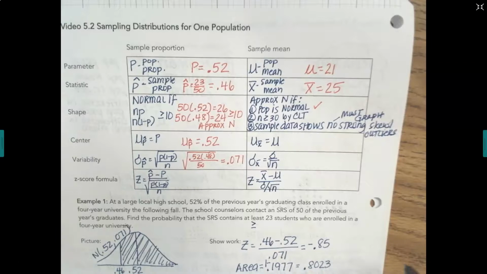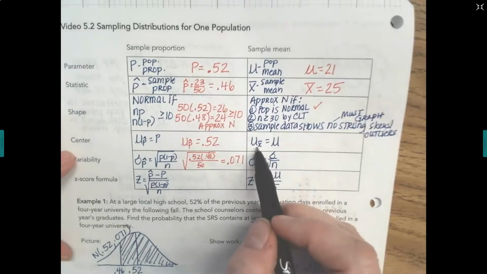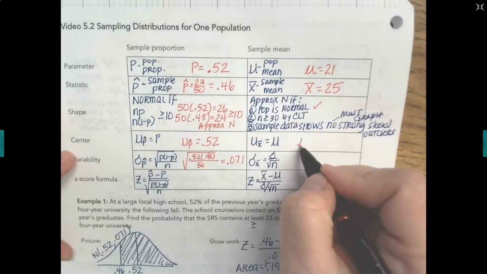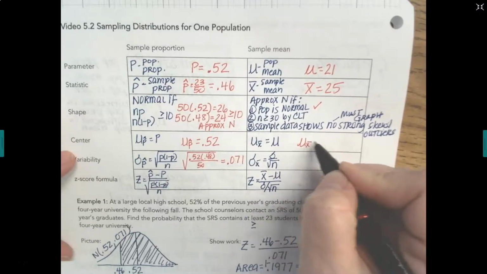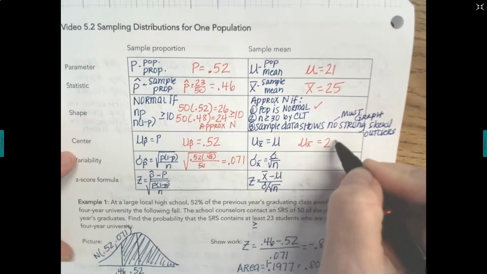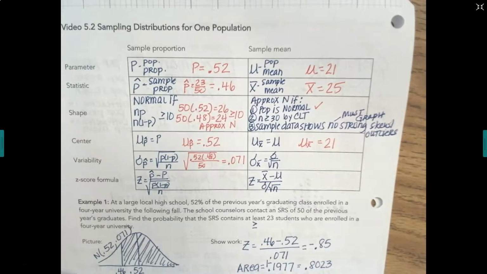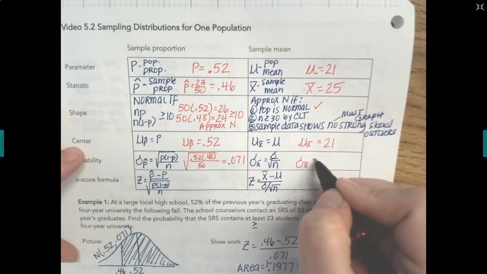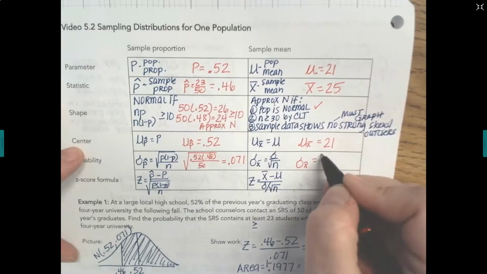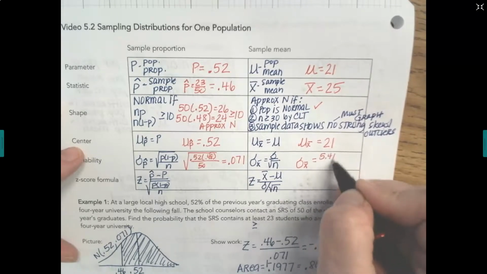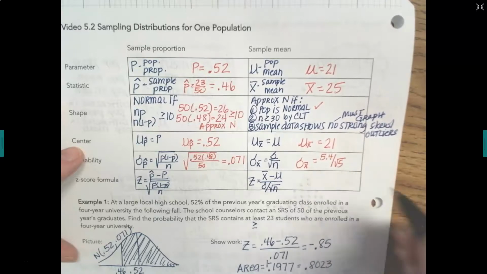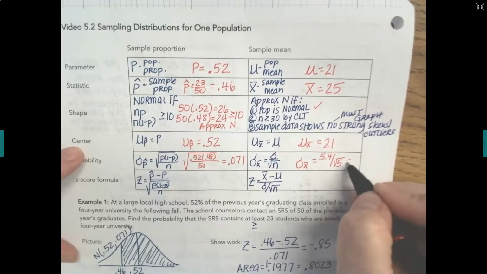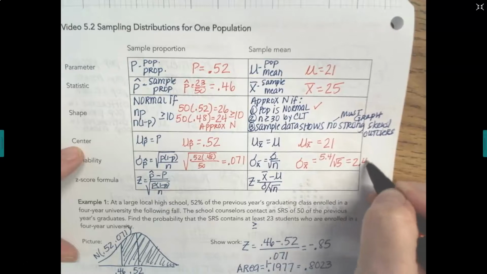Now, our sampling distribution mean will be the same as our population, so it will be at 21. The standard deviation of our sampling distribution will be the population standard deviation divided by the square root of the sample size, which gives us 2.41.